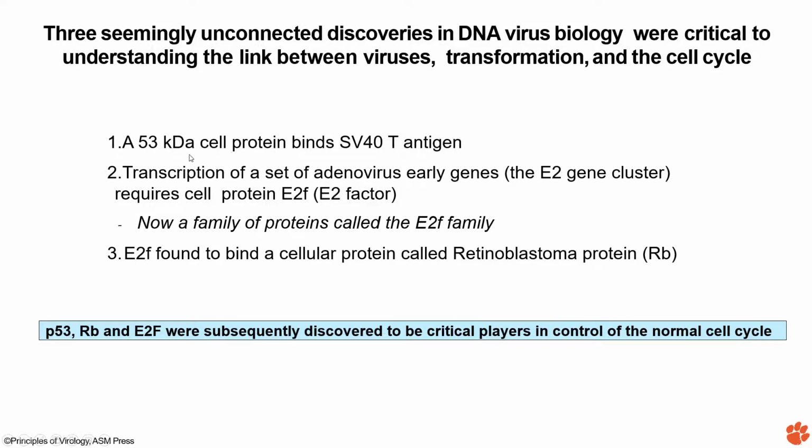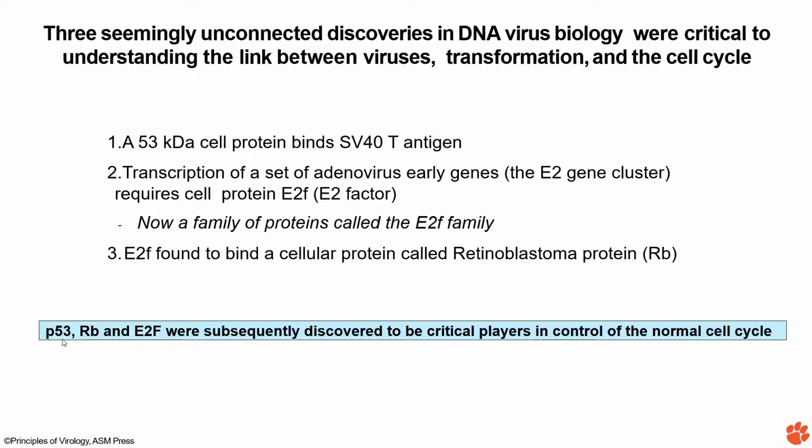That 53 kilodalton cell protein binds to SV40 T antigen, and that is your P53, which we call the guardian of the genome. Basically, if there is any DNA damage in the cell by any reason, P53 is the protein that is induced and causes a checkpoint or the arrest of the growth rate.